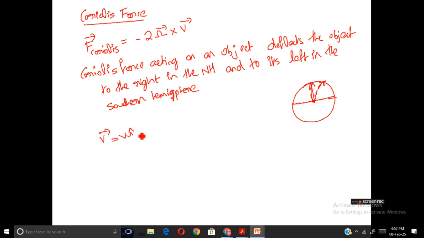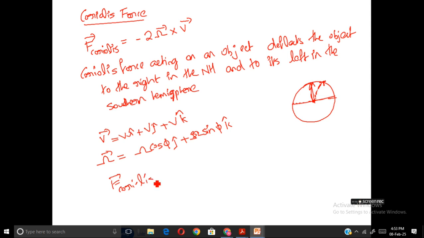V is Vi plus Vj plus Vk, and omega, component wise, if we separate, at a latitude phi, is omega cos phi j plus omega sin phi k. Now, if you do the cross product, you will get the component wise equation for the Coriolis force.